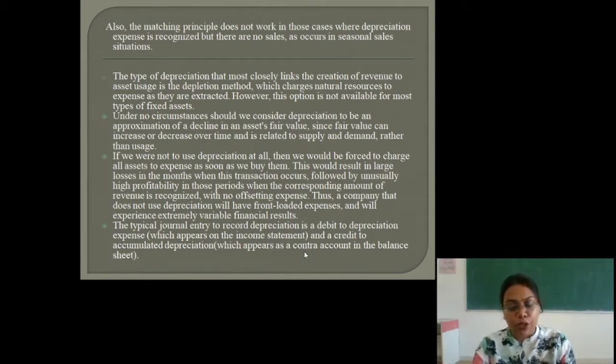It only applies to natural resources that are being exploited and depreciated due to their continuous use.